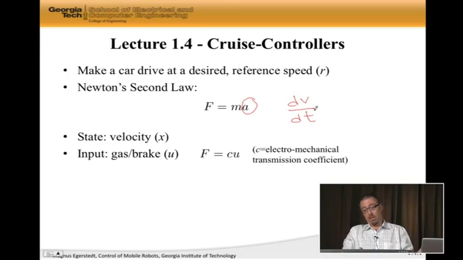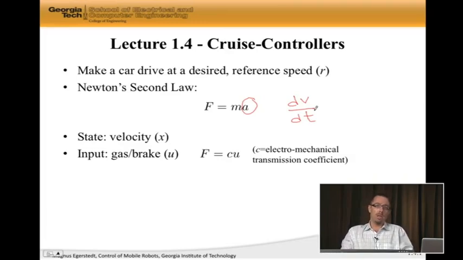This is done through a linear relationship with a coefficient c, an electromechanical transmission coefficient. I'm going to go out on a limb and say we don't know what this is, and our control design cannot rely on knowing c. But let's, at least for now, go with this and hope that it's good enough to give us the design we want.